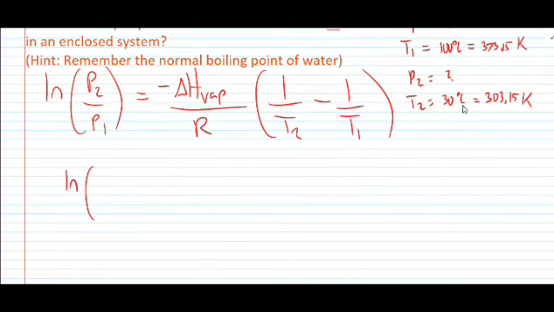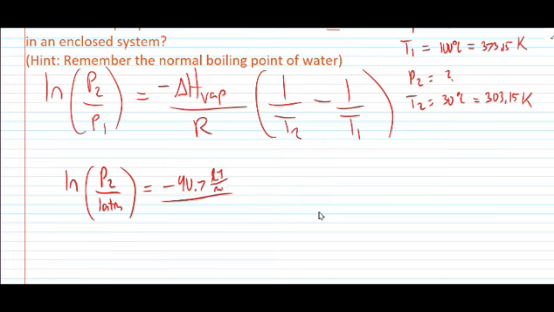So natural log of pressure 2, what we're solving for, divided by 1 atmosphere. We didn't have to do pressure 2 and pressure 1 this way; as long as we keep consistent between 1s and 1s and 2s and 2s, we'll get the same answer on the other end. But as we defined it, we're going to keep pressure 2 as our unknown variable. All right, negative delta H of vaporization of water, which we know to be 40.7 kilojoules per mole.